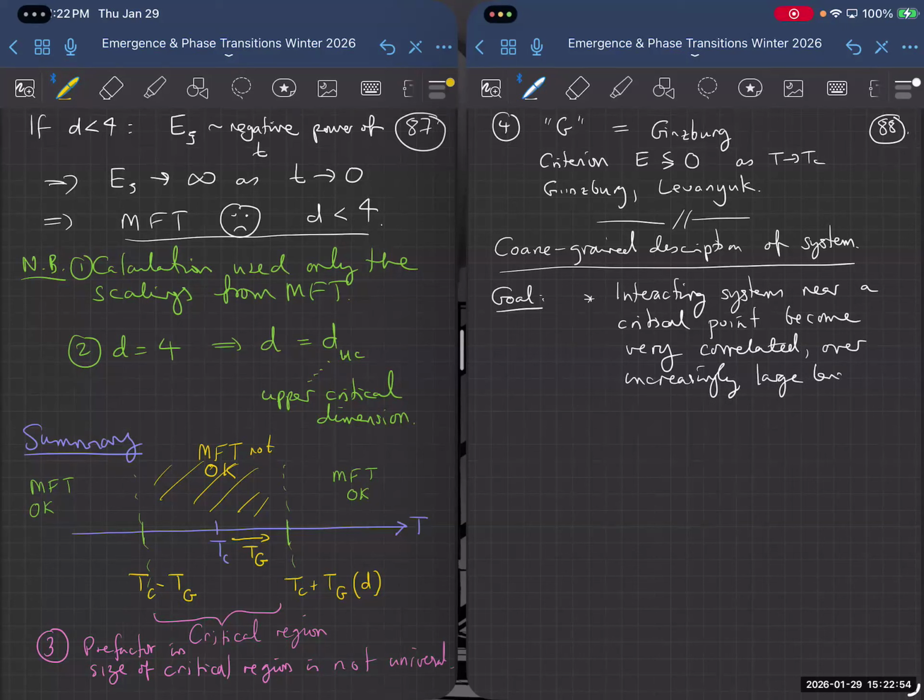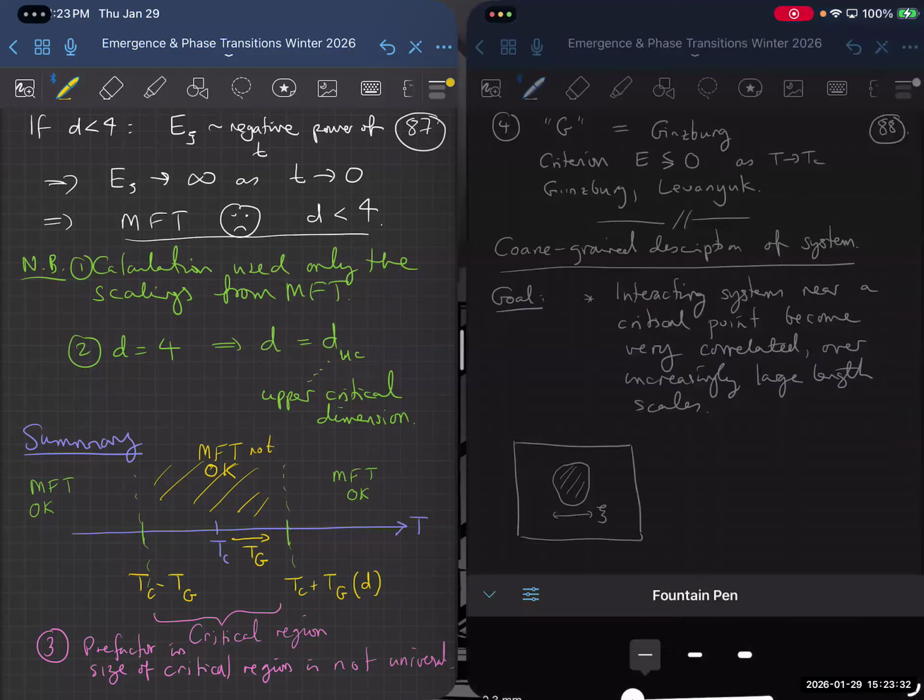So what that means is that if I want to have a description of the system, I ought to be able to have a description which says instead of having to deal with all of these microscopic variables, I can replace all of these variables within a correlation length by one variable. So the idea is, here is my system. I've got some correlation volume. Let me draw it like this. So this is meant to be a size of order psi.